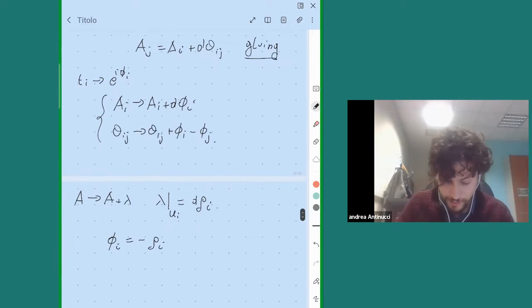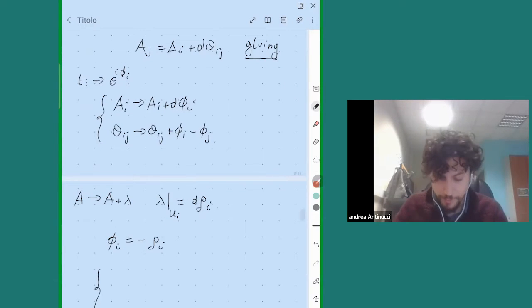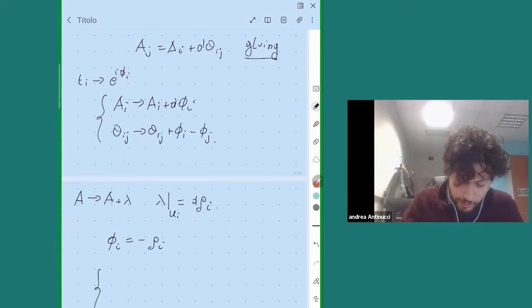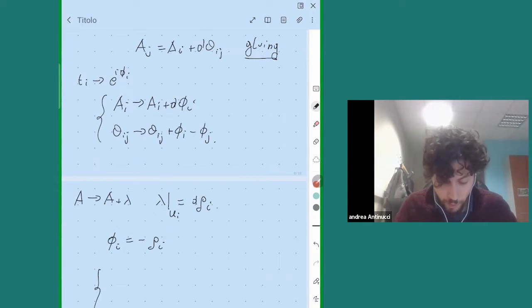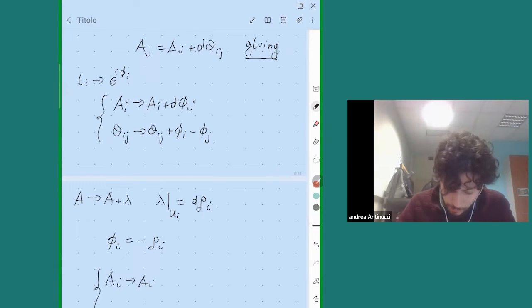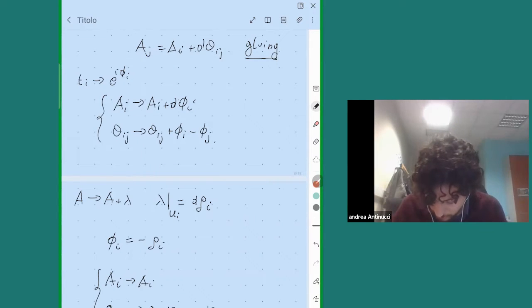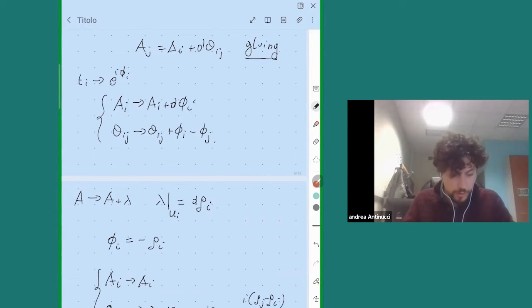But the price that I pay is that I'm doing at the same time this shift of A by a closed form and this gauge transformation to reabsorb it. So A will stay invariant under the one-form symmetry transformation, but the transition function will change. It will change by multiplication of this eta, which I'm defining in this way: rho_j minus rho_i.